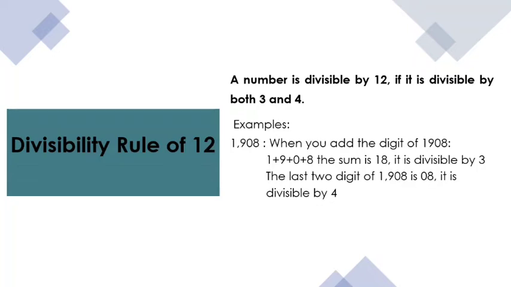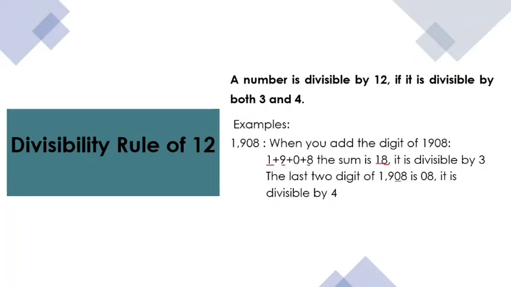1,908. When you add the digits of 1,908, 1 plus 9 plus 0 plus 8, the sum is 18. It is divisible by 3. The last two digits of 1,908 is 08.